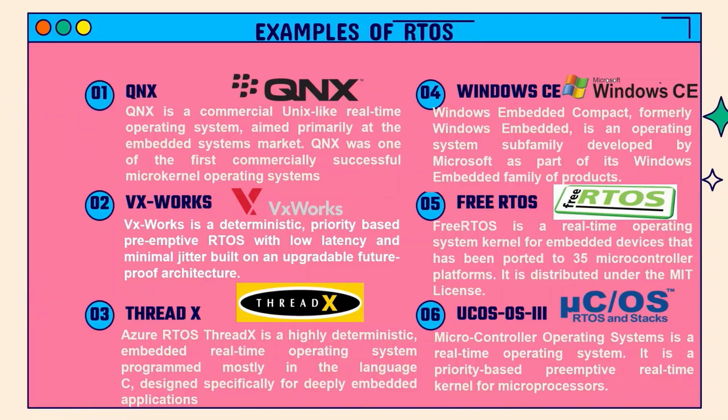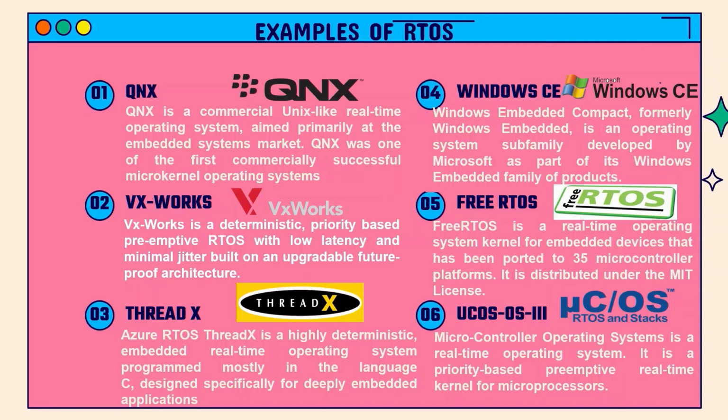Some examples of real-time operating systems available in our market are QNX, VxWorks, ThreadX, Windows CE, FreeRTOS, MicroC/OS-III, etc. So, what is the QNX real-time operating system? QNX is basically a BlackBerry product.